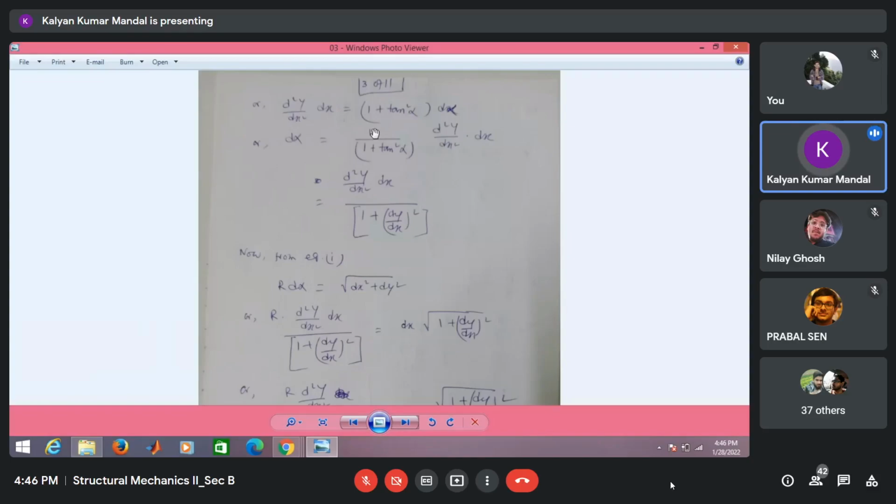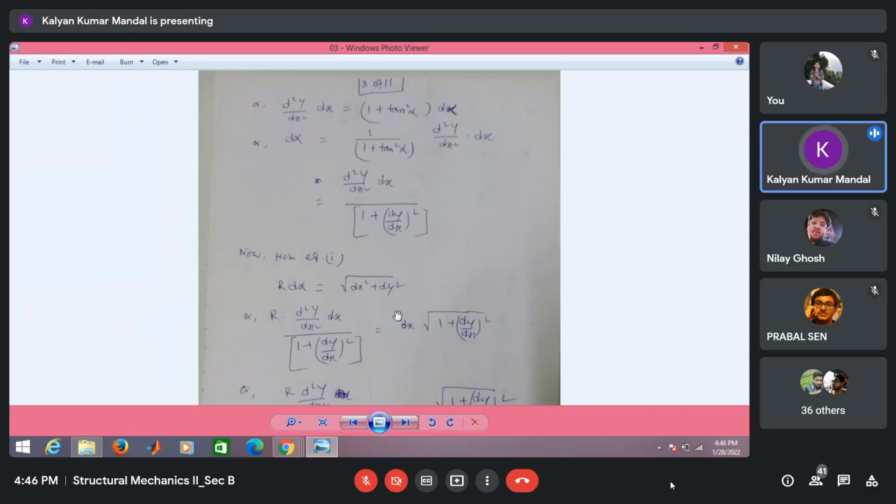So d alpha is equal to 1 divided by 1 plus tan square alpha times d2y/dx2 dx, or d alpha is equal to d2y/dx2 dx divided by 1 plus (dy/dx) whole square.